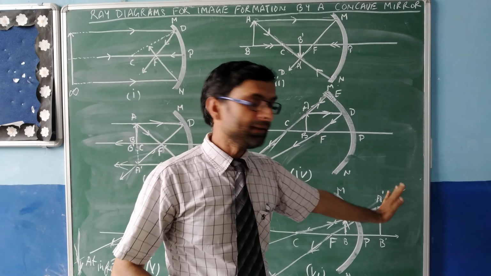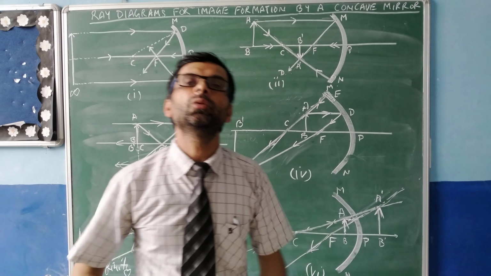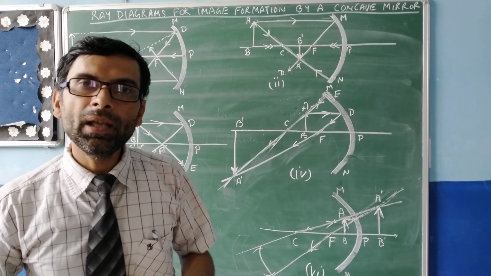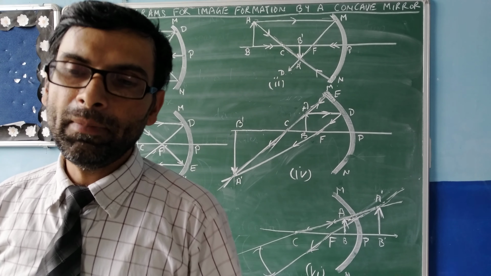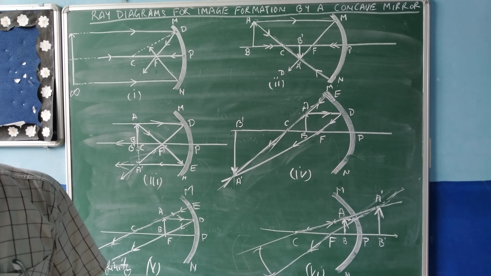Rays cannot penetrate, therefore they will not actually meet behind the mirror. They are assumed to meet behind the mirror. Therefore, the image is said to be a virtual image.